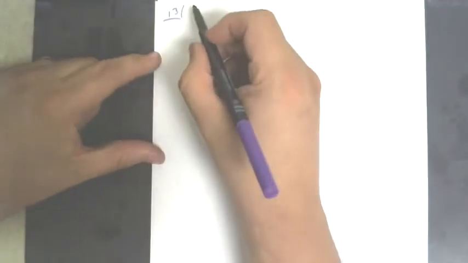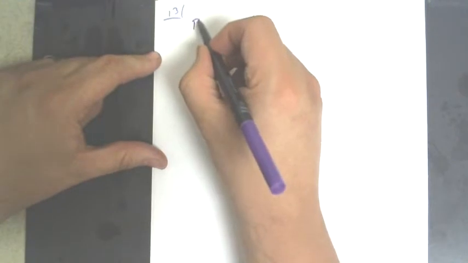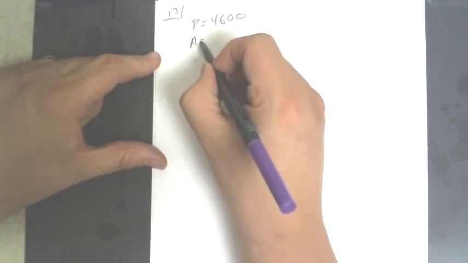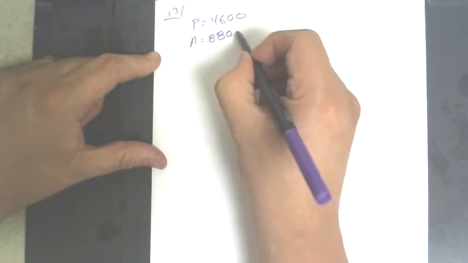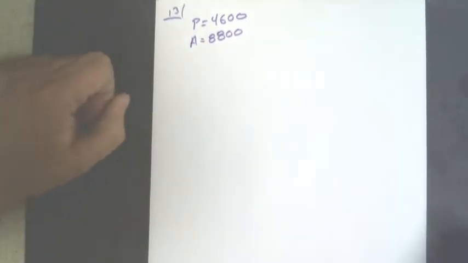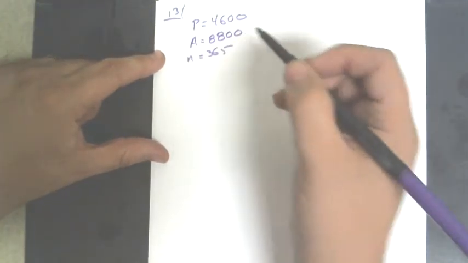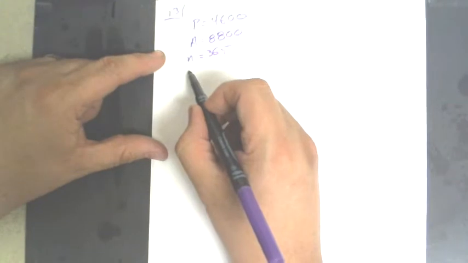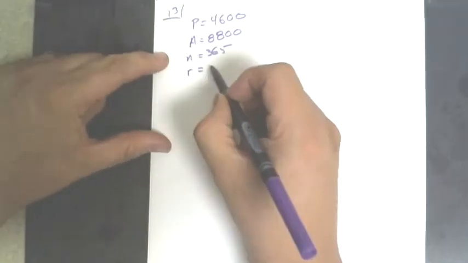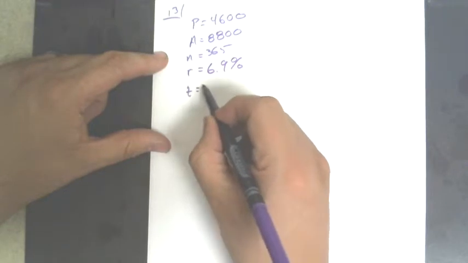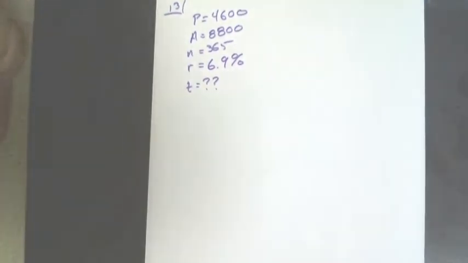Find the time necessary to start with 4,600 and end up with an amount equal to 8,800, compounding daily, n equals 365. The rate, we have to be told the rate somewhere. The rate is 6.9%. And we're asked to find t.